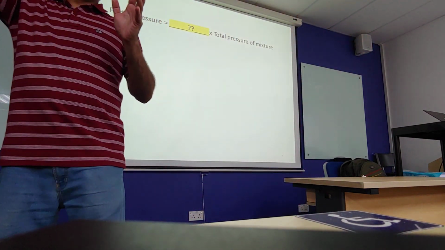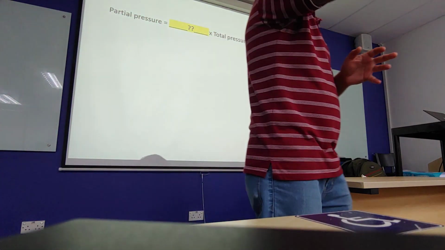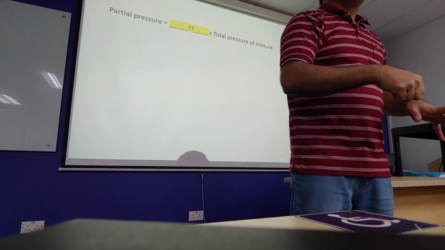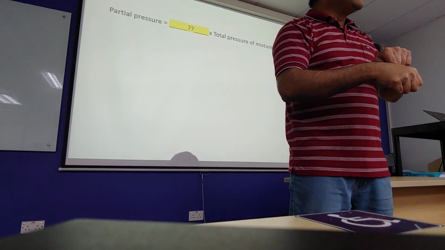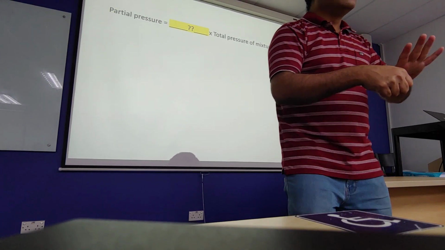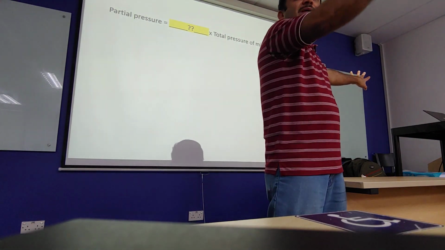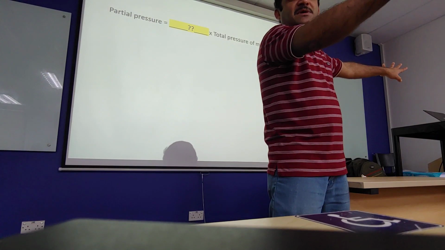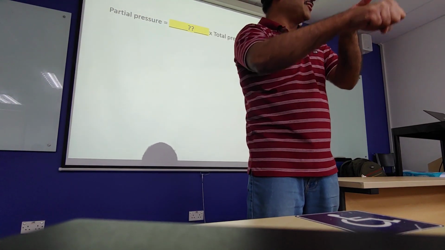So, when we have this extra molecule of nitrogen, one molecule of nitrogen in this room, the partial pressure of nitrogen will be equal to something like, if you remove all the oxygen and leave only one molecule of nitrogen inside this room, whatever pressure it experiences, that will be the partial pressure of nitrogen.